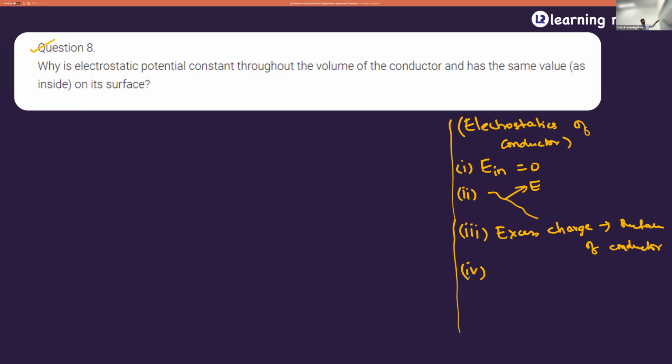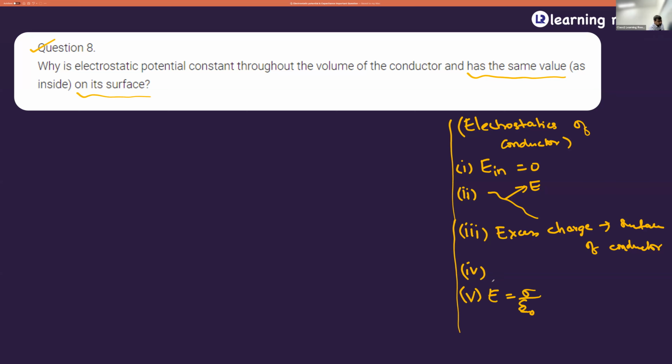So the fourth point is electrostatic potential is constant throughout the volume of the conductor, and it is going to have the same value which is present on the surface of the conductor. And what is the fifth point? Fifth point is electric field on the surface of the conductor takes the value of sigma divided by epsilon naught, right?